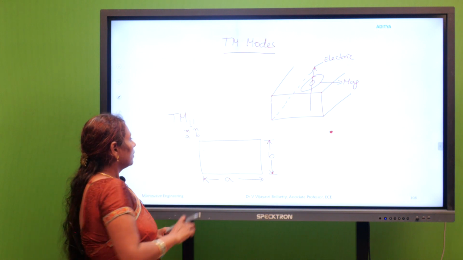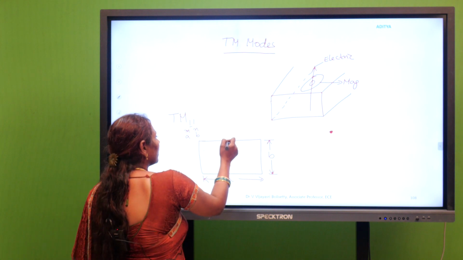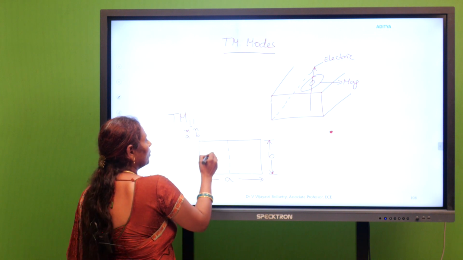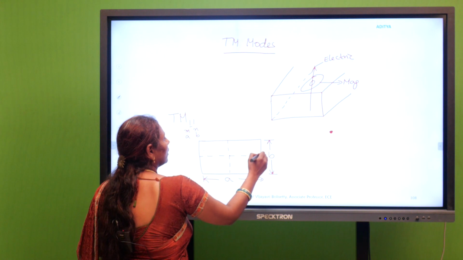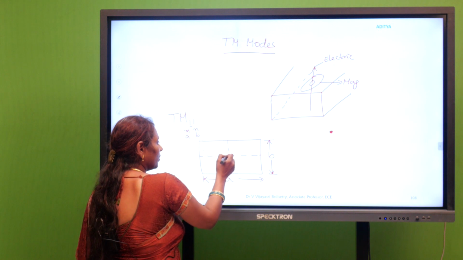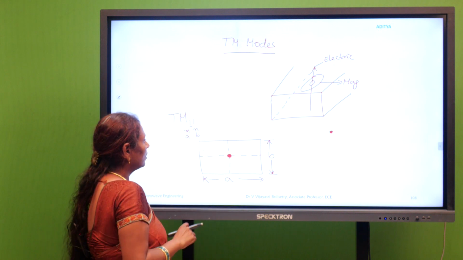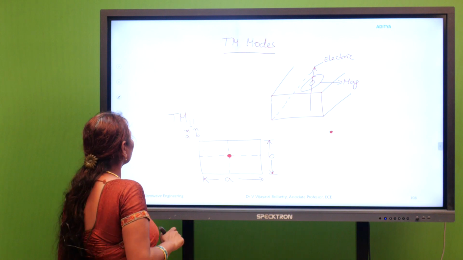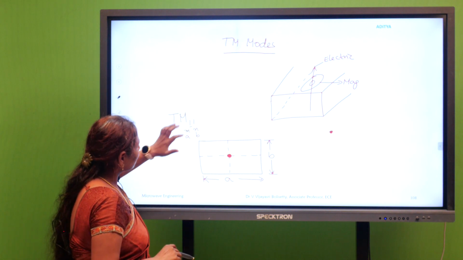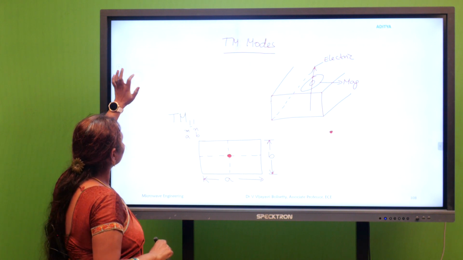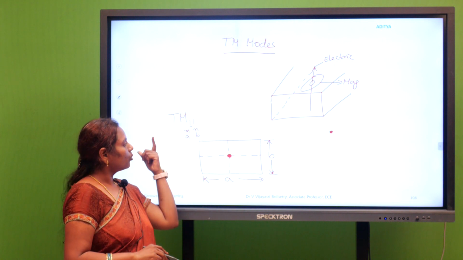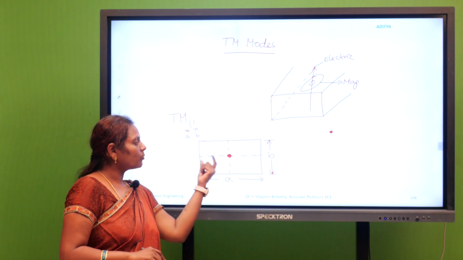That means onto A we can draw a single line, and onto B we draw a single line, and wherever there is an intersection of lines we represent it with a dot. So, this is the TM mode of propagation. Magnetic lines of force are represented as a disc. So, here this is the TM11 dominant mode. The TM11 mode of propagation fields we can represent like this.